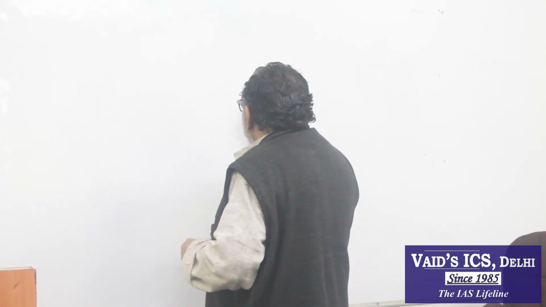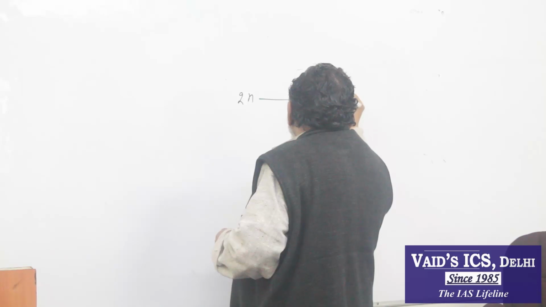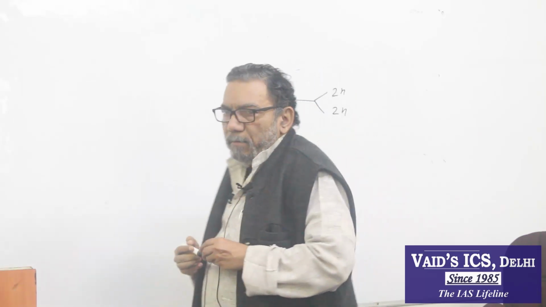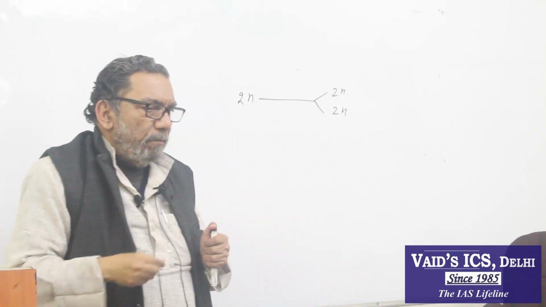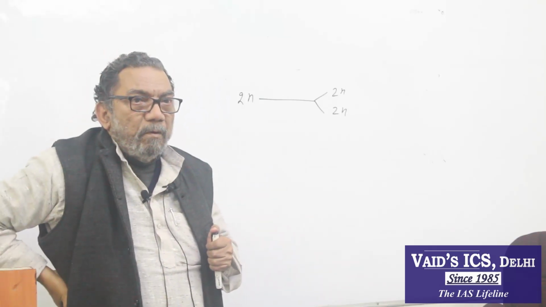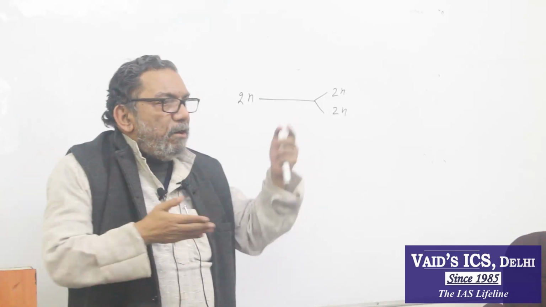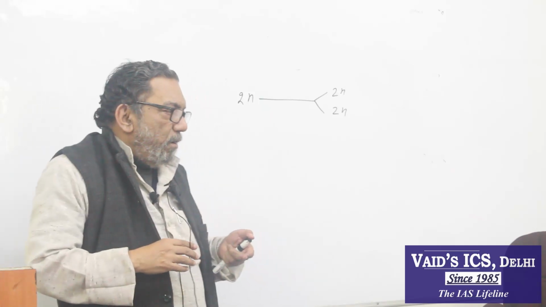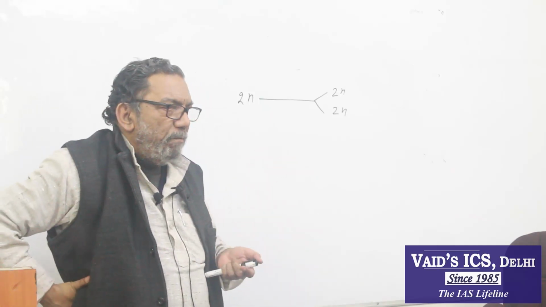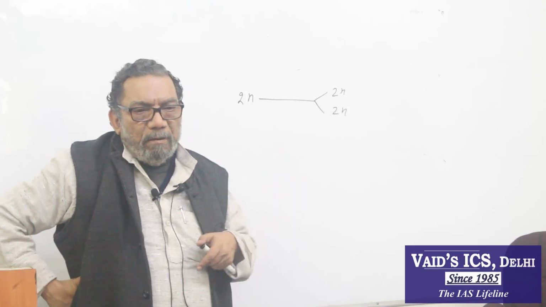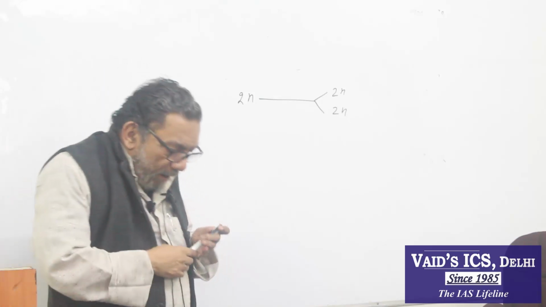I will tell you a bit about cell division also before I continue with this terminology, though you will be studying it in detail. One is mitosis. In simple terms, if we talk about the number of chromosomes during cell division, it doubles. During mitosis, the number of chromosomes doubles, each chromosome giving a duplicate, a replica. 2n becomes 4n, and then there is a split in the middle.